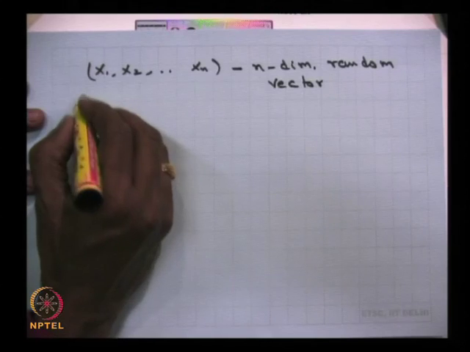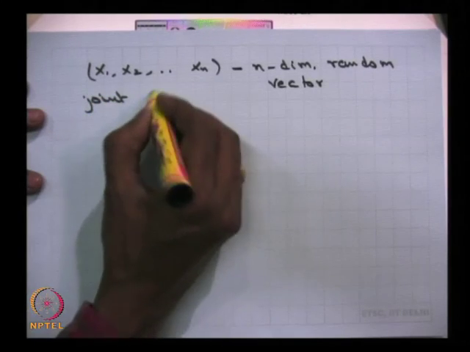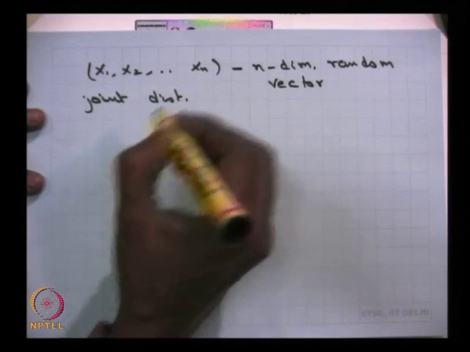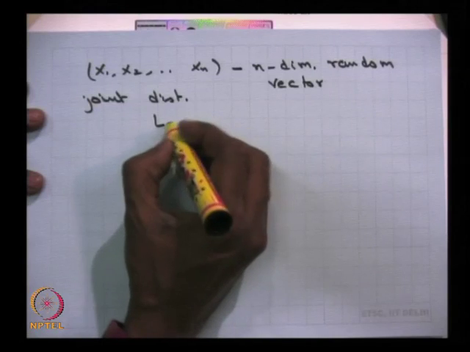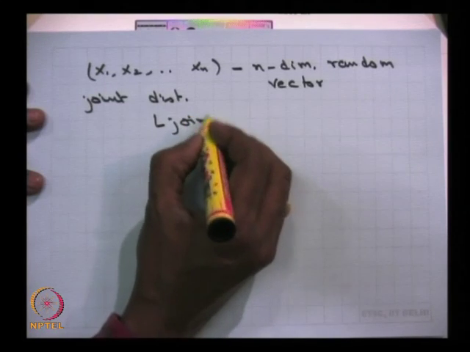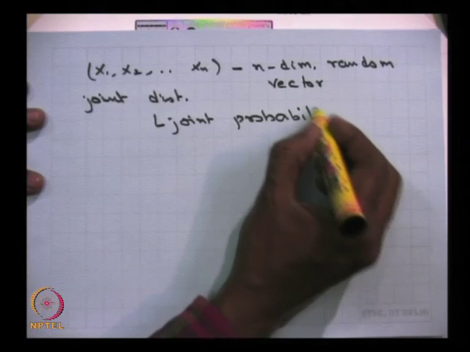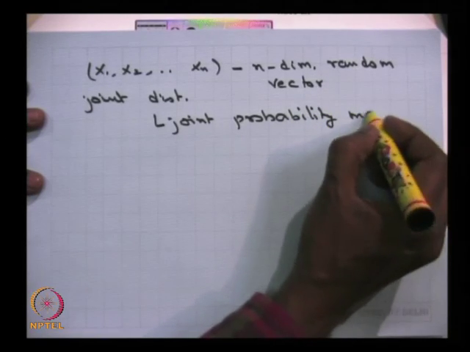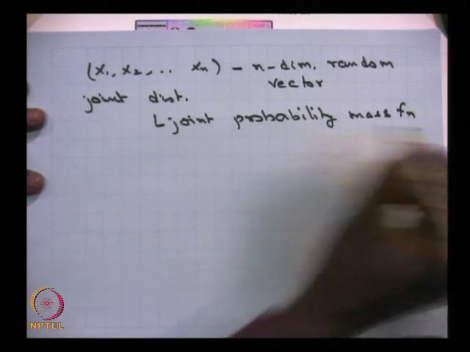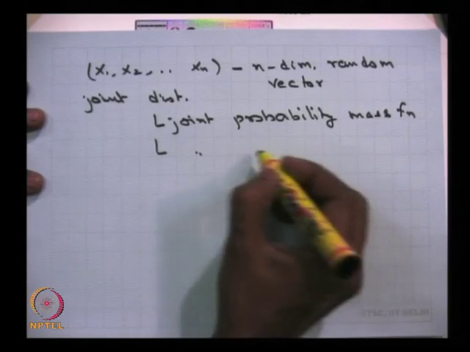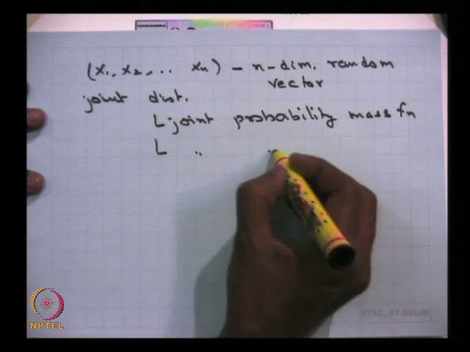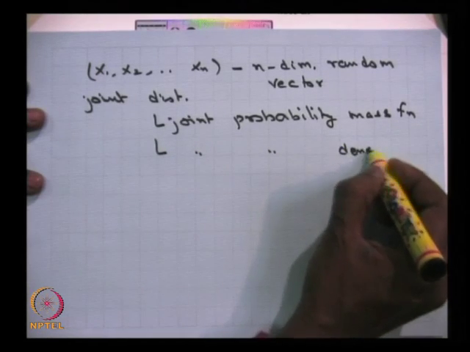The joint distribution we can discuss in two ways: either as a joint probability mass function, or we can define it as a joint probability density function.